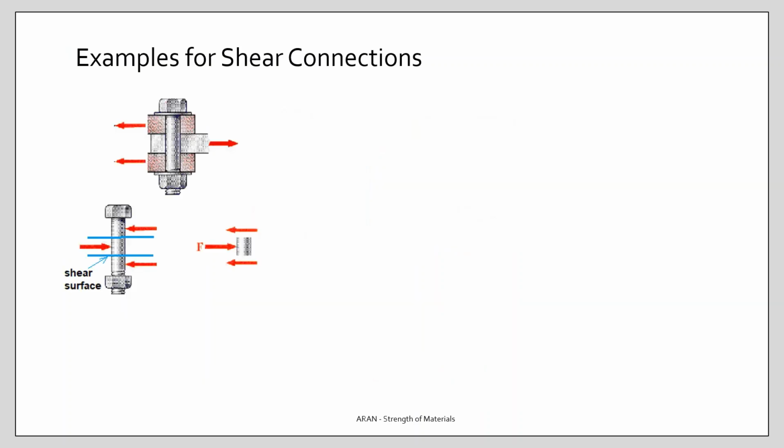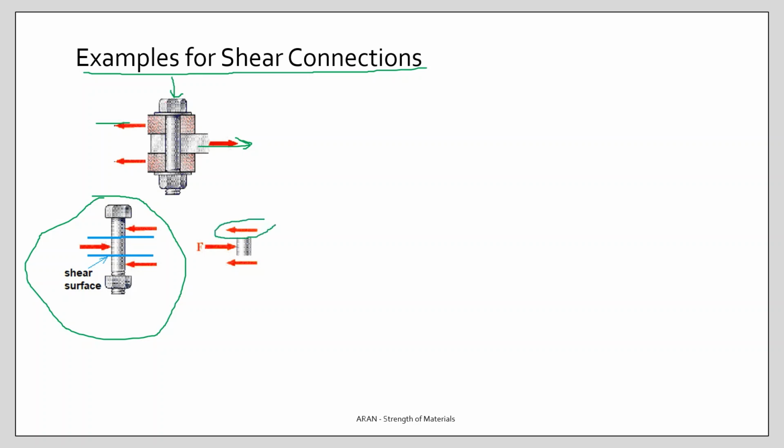We can show different examples of shear connections. So you see here we have a bolt, and the left and the right parts are connected with the rod. And as you see, the forces acting on the bolt are shown like this, and the blue lines are the points or the surfaces where shear forces or shear stresses are acting.